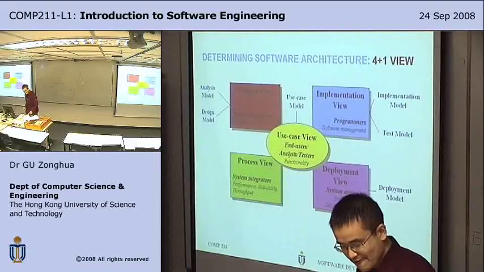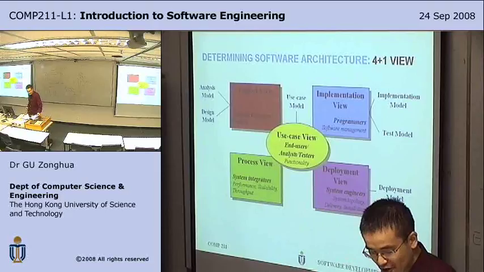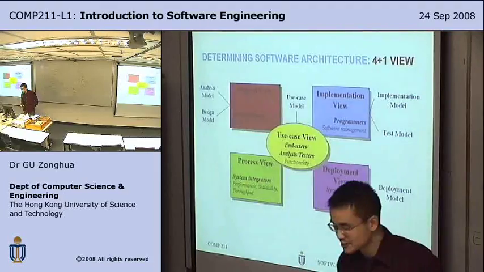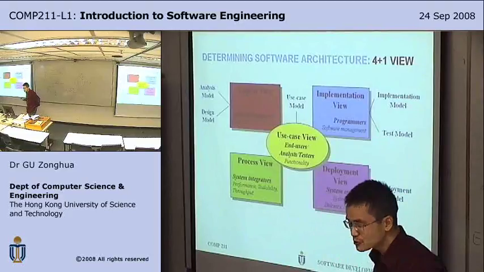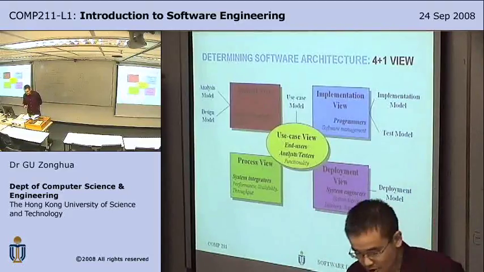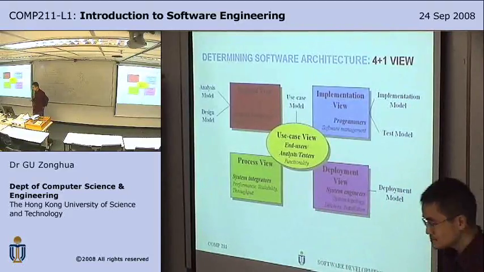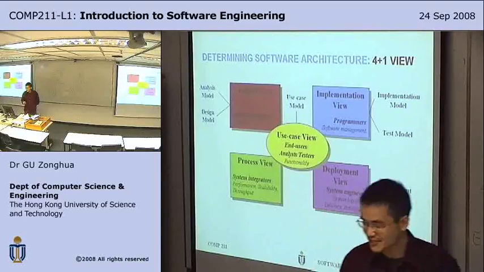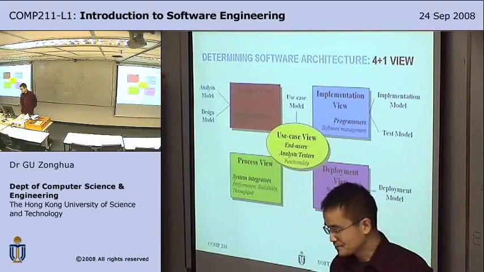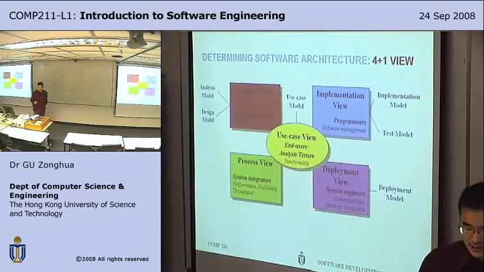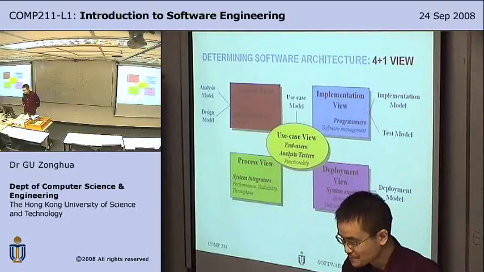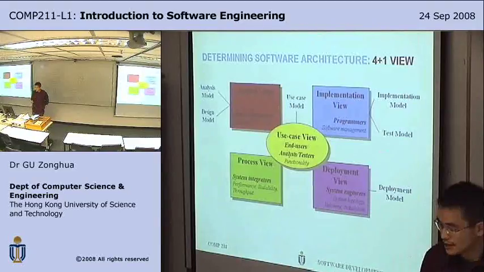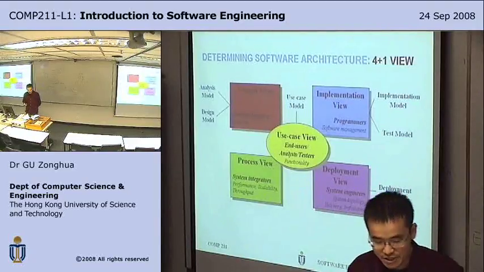So here's the 4+1 view of the unified process. So as you can see, the use case view sits in the middle. That's why it's called use case driven. So it is the end users, analysts, and testers who are interested in the use case view. It describes the system functionality, what the system is supposed to do. And then the logical view describes the system structure.